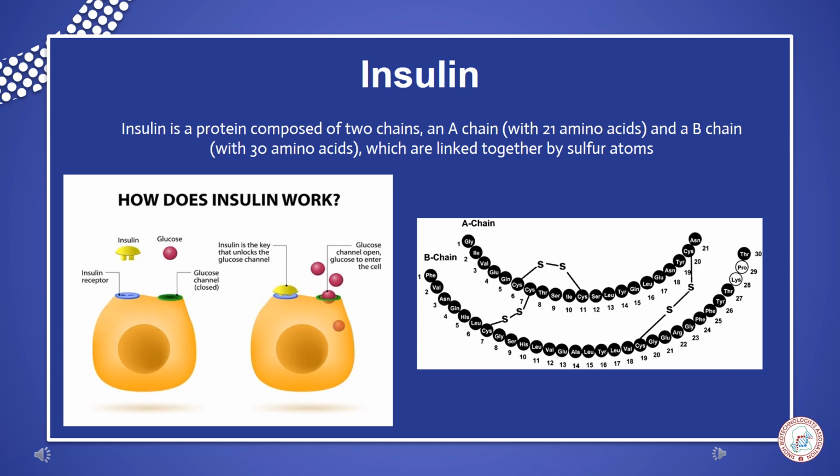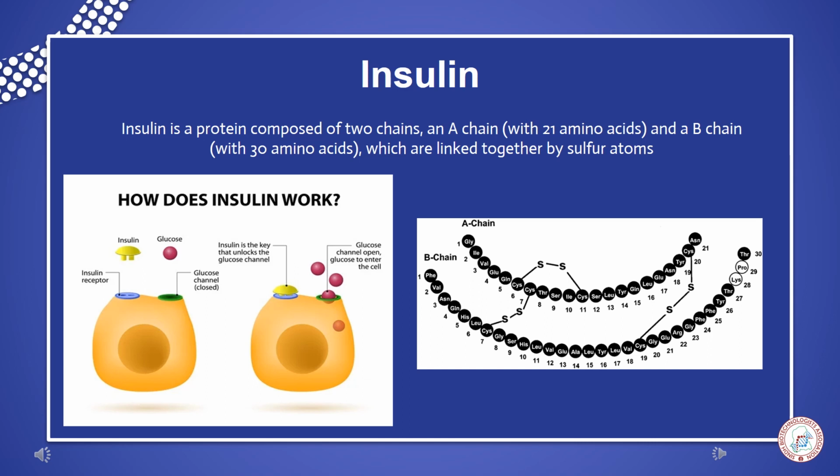How does it work inside our body? Insulin acts as a signal for the blood glucose present inside our body. We have an insulin receptor present on our cell surfaces. The insulin binds with that receptor and communicates a stimulus to the cell to take up the glucose present in the blood.